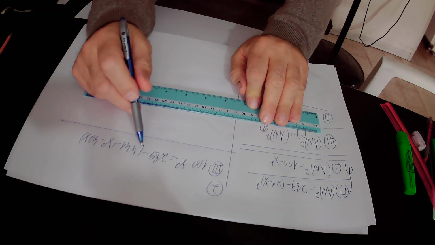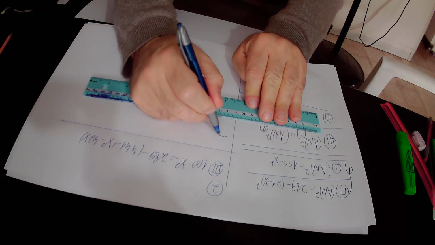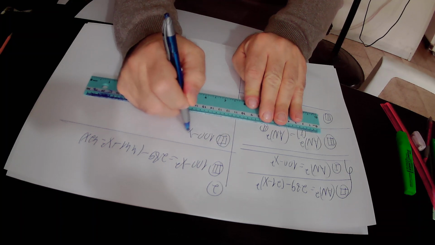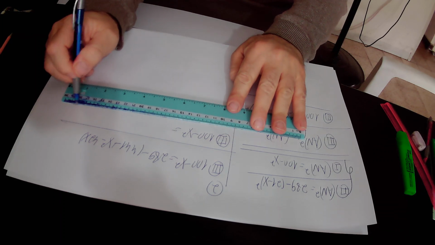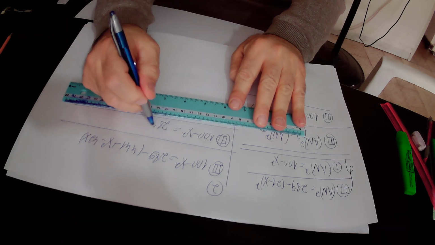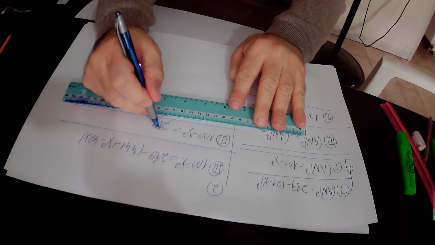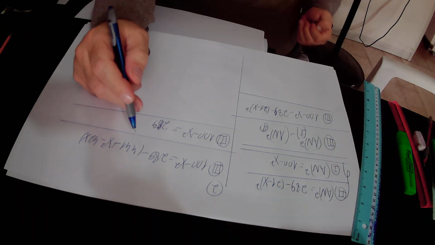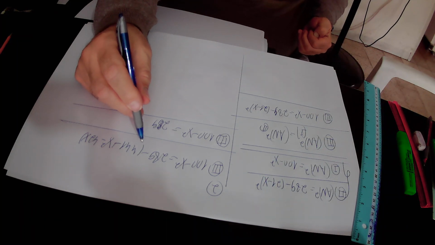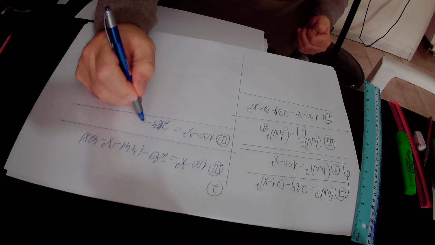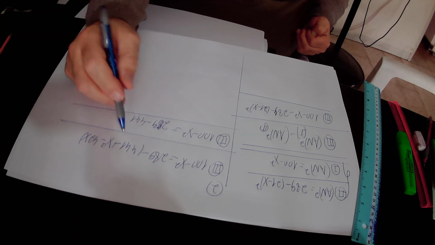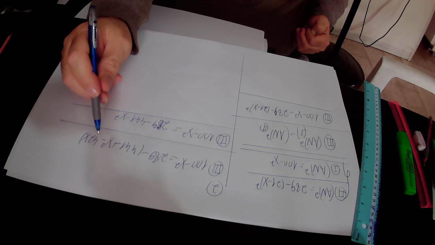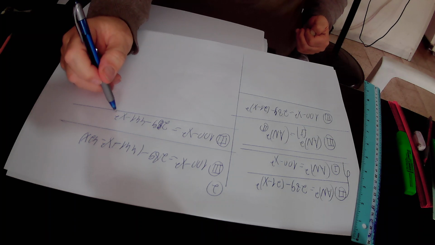Here we open the brackets of this expression. After we open the brackets, this will be equal to minus 441, minus x squared, and minus times minus is plus, so plus 42x.